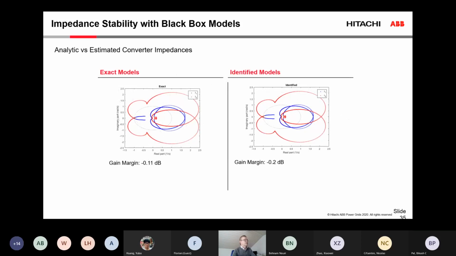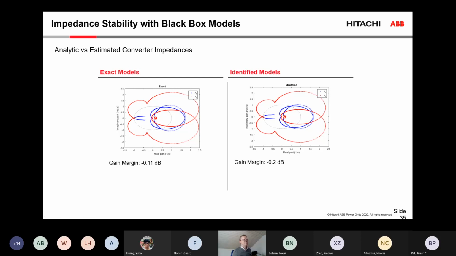And just to show you an example of when you do this, we have here the option of either doing impedance analysis based on analytical models derived, say, by component modeling, or we could use identified models. In the identified model, I have run simulations with perturbation experiments.